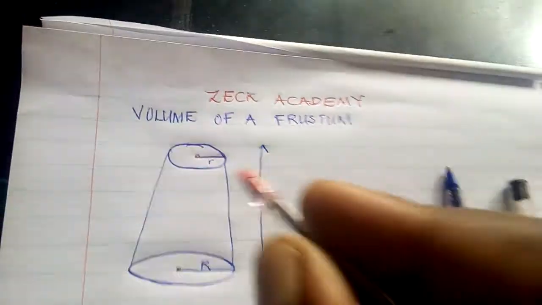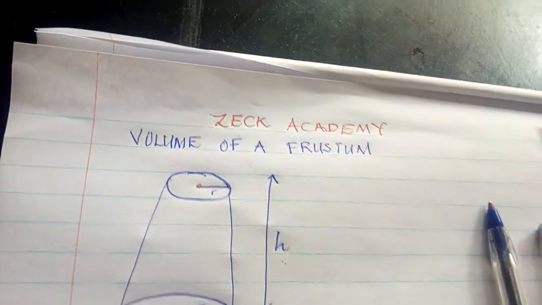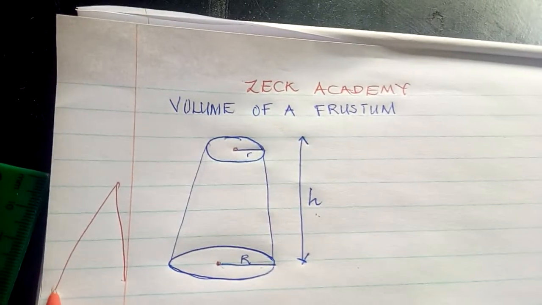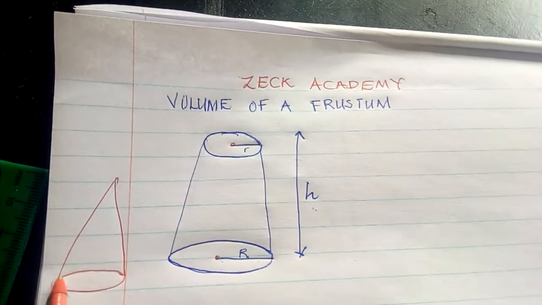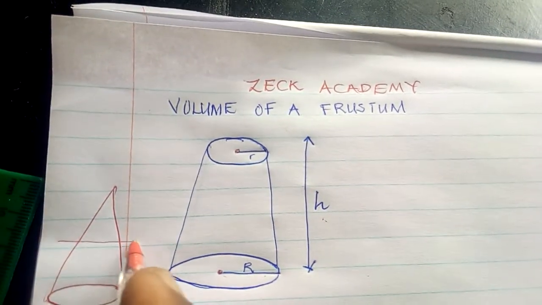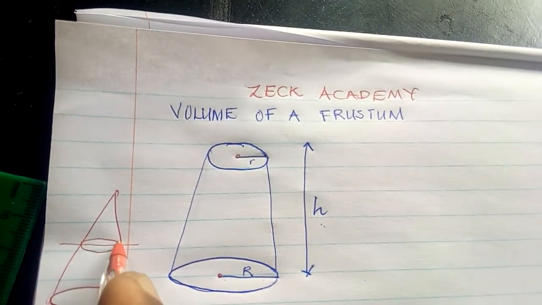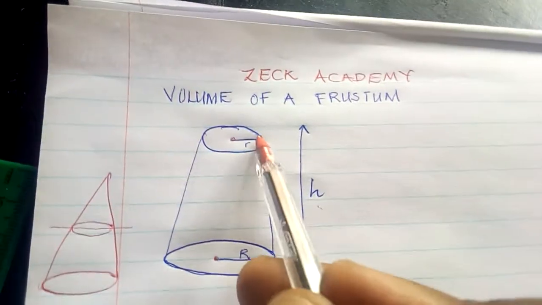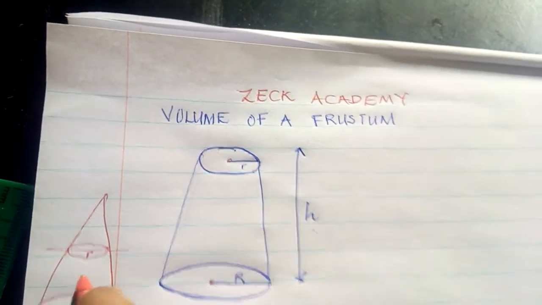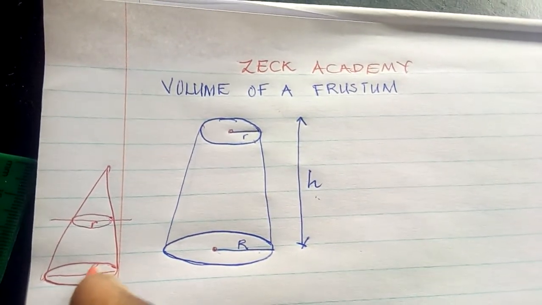If you have been given a cone, this is a simple diagram for a cone having a circular base, and when it is cut at a cross section here, we form another circle there. So this is the top part, which has a small radius r, and the bigger part has the radius R.